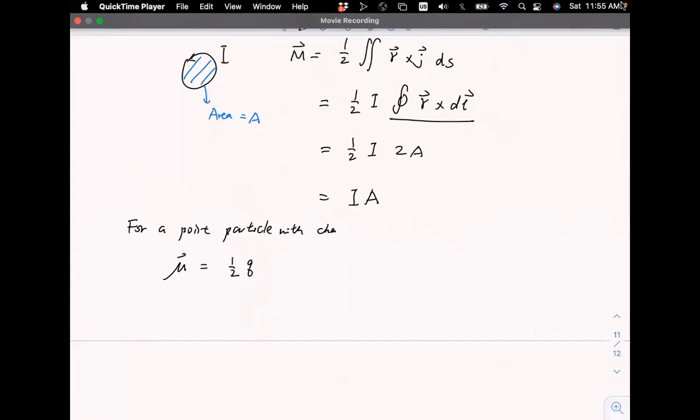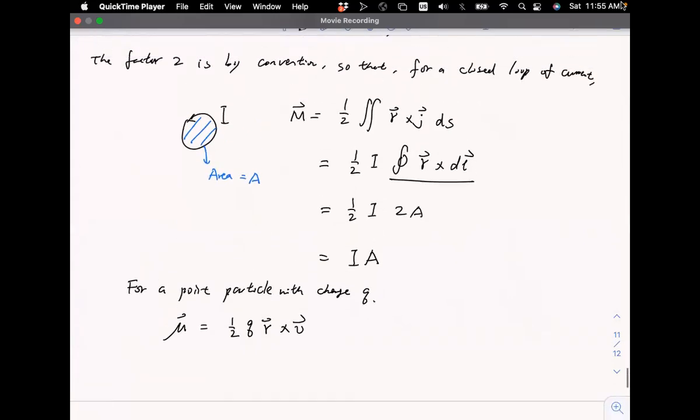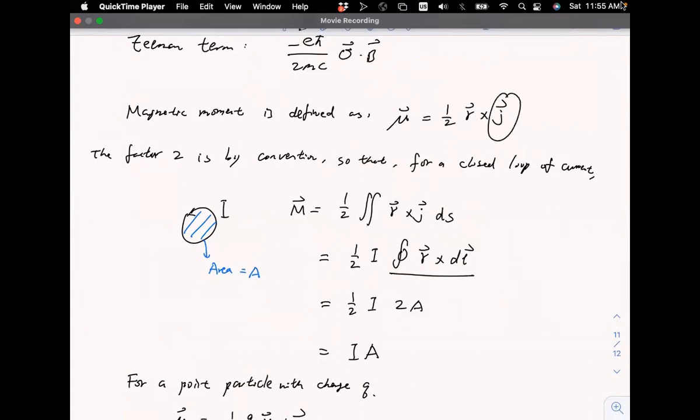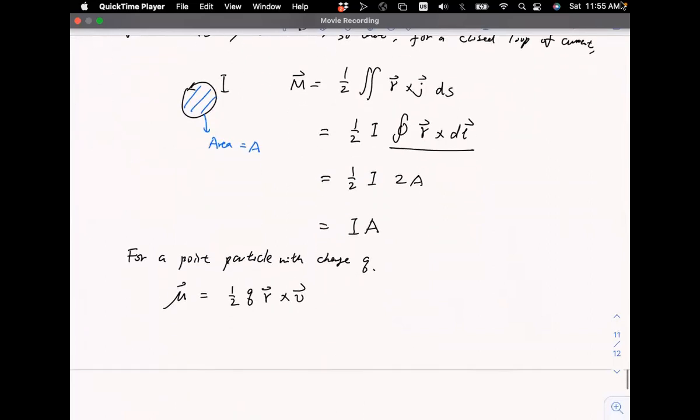Then the current density J is simply Q times V. Of course, it should be Q times V with a delta function because it's a point particle. So you need to integrate over, and the mu will have this form for a point particle.